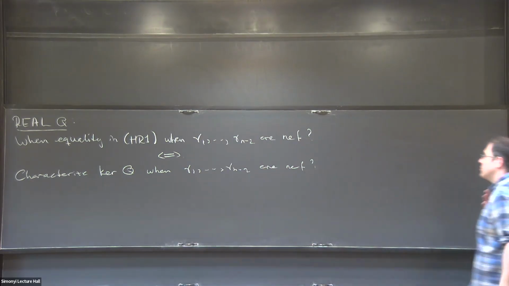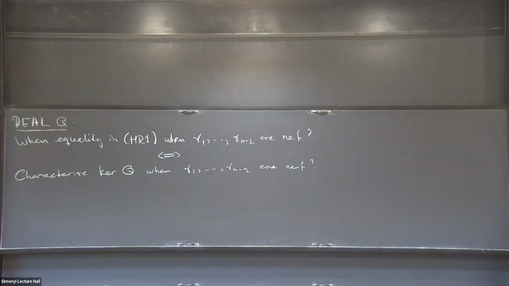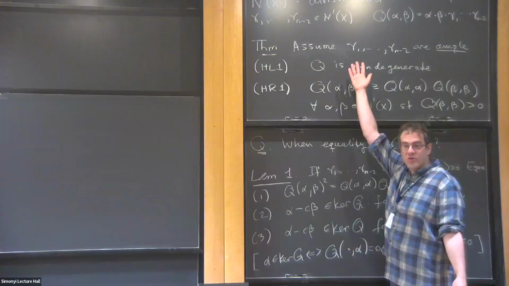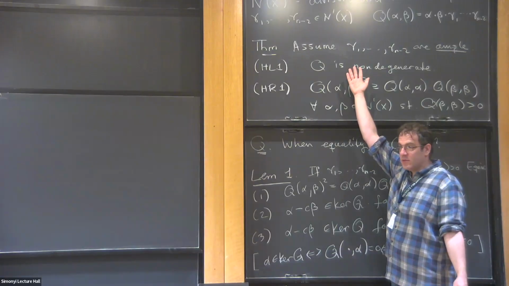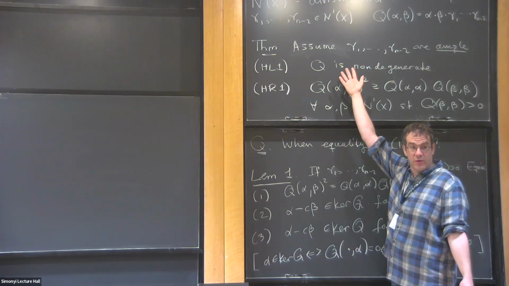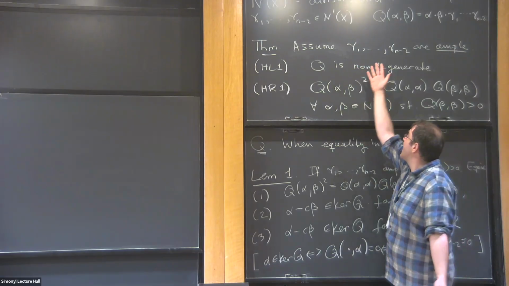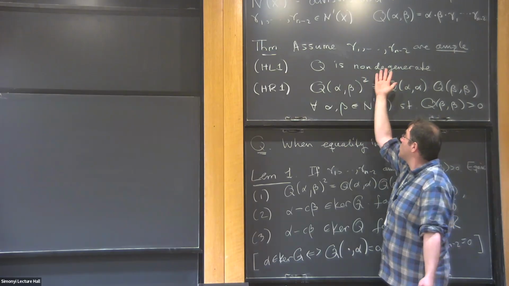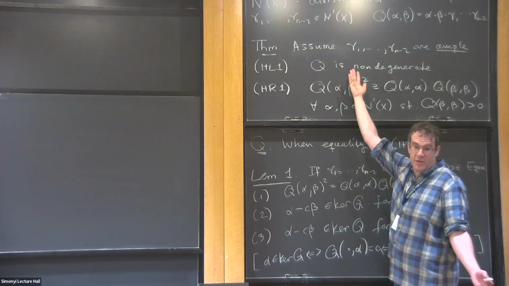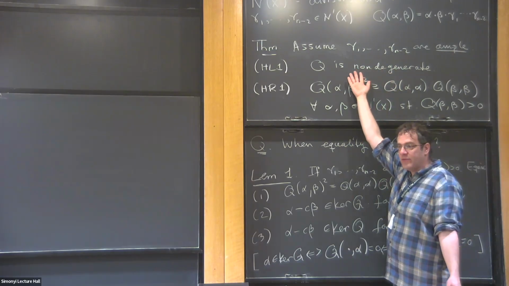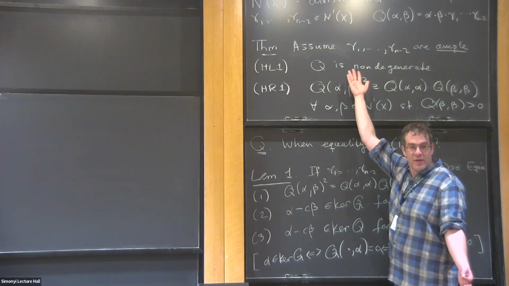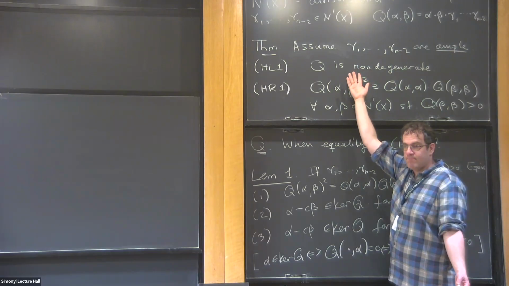So in a sense, if you want to put it this way, the question is, what is the correct replacement of the Hard Lefschetz theorem in degree 1 when the gamma 1 to gamma n minus 2 are nef? It's no longer necessarily non-degenerate. It could be. So it may have a non-trivial kernel. So what is that kernel? That's what we would like to understand. Everything clear?